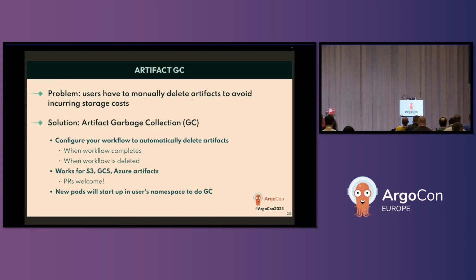So we developed something called artifact garbage collection. Basically, you can configure your workflow to automatically delete artifacts either when the workflow completes or when the workflow is deleted. And currently this is implemented for S3, GCS, and Azure.